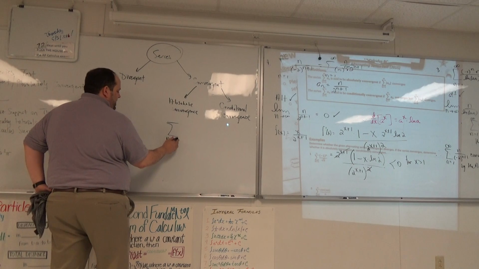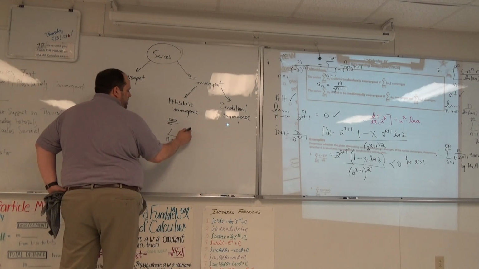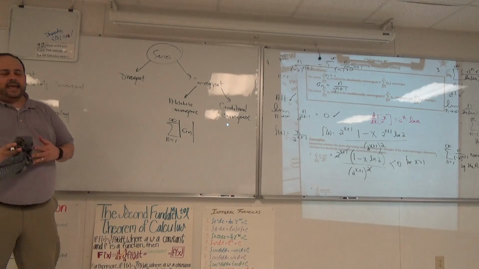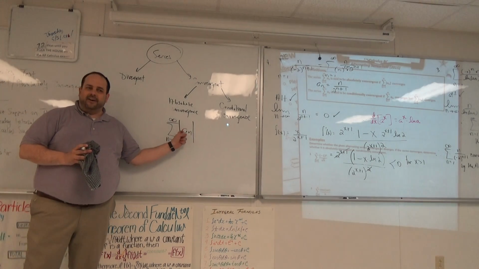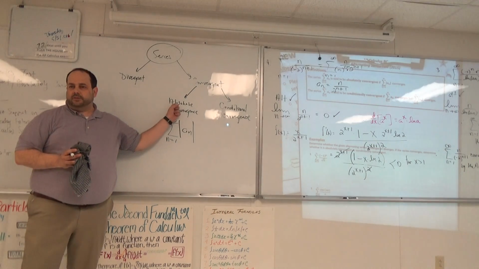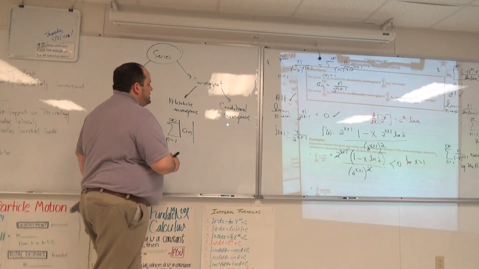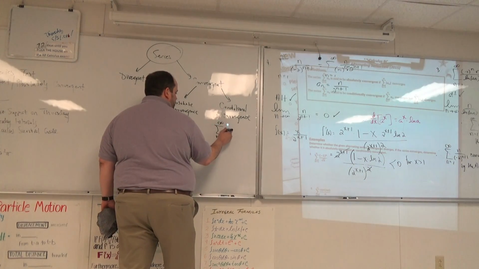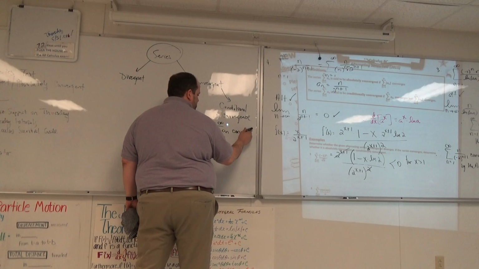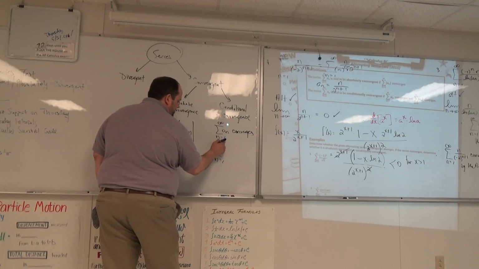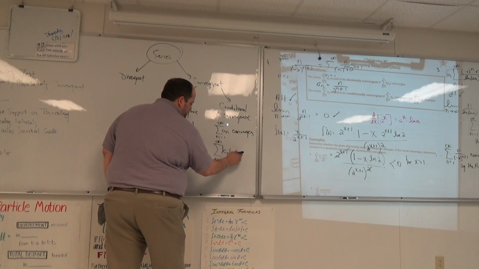If you look at the series of the a sub n's and you take their absolute value, if the absolute value of the series converges, then you have absolute convergence. Conditional convergence is when this original series converges, but the absolute value diverges.